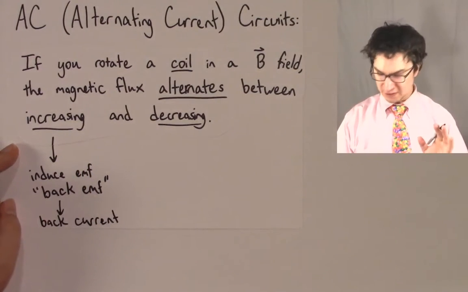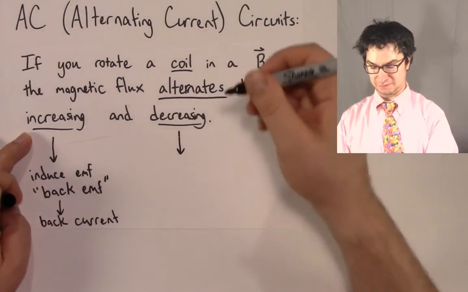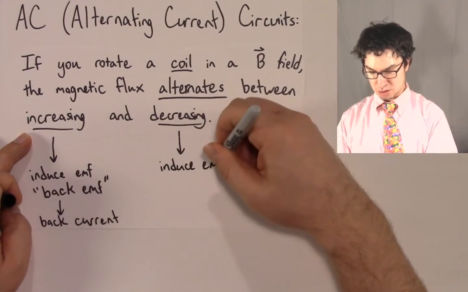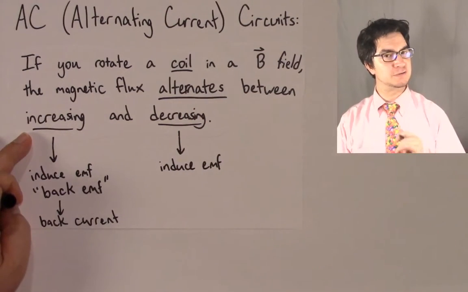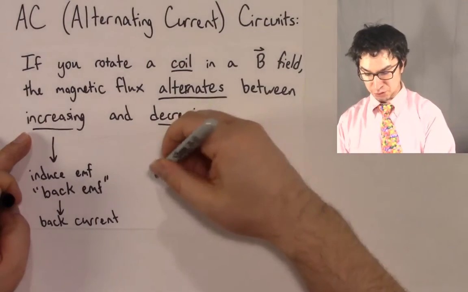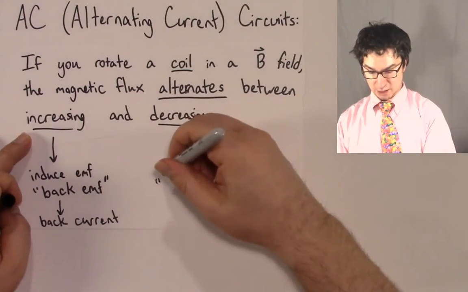Whereas when the flux is decreasing, now with a decreasing flux, it's also going to induce an EMF. But because now the direction of the change in flux has switched from increasing to decreasing, now we're going to have an opposite effect. Now we're going to be pushing that EMF forward.